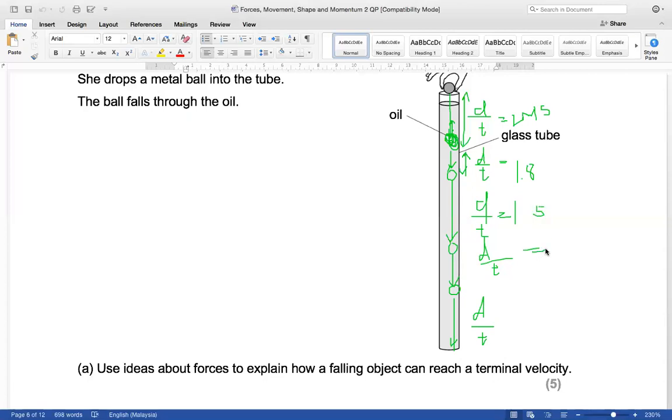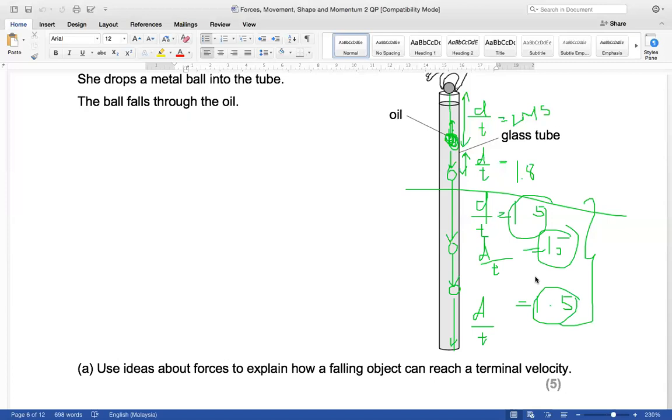You're going to get 1.5, 1.5, no acceleration, constant speed. So when you calculate like that, you will know, okay, this part here has reached terminal velocity because all the velocity is the same. No more acceleration. That's when you know that at this point it has reached terminal velocity.